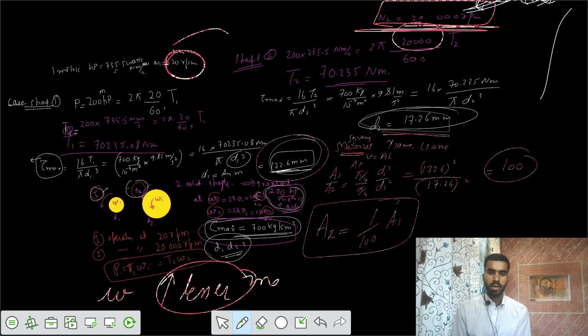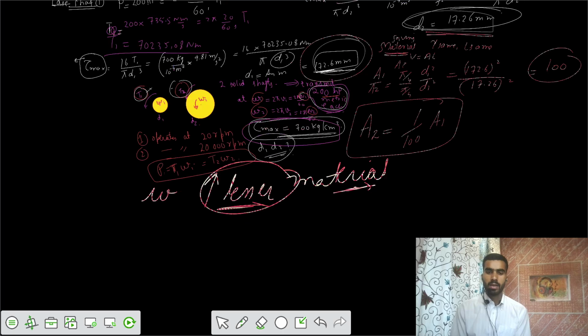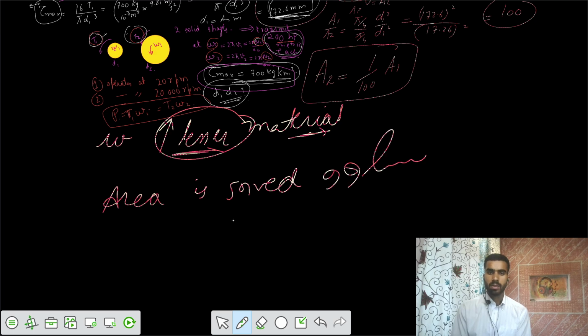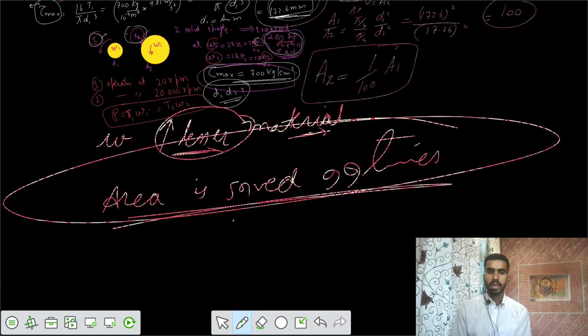If you want to rotate it with maximum rotational speed, you need a lesser amount of area. That means material would be saved by a huge amount. So your area is saved 99 times, I would say. Saving is 99, but area 2 is only 100th of area 1.